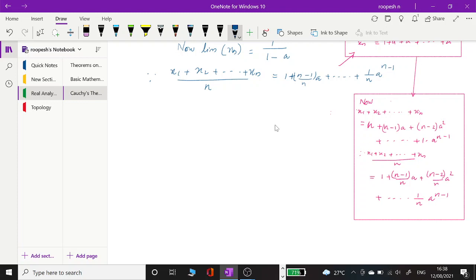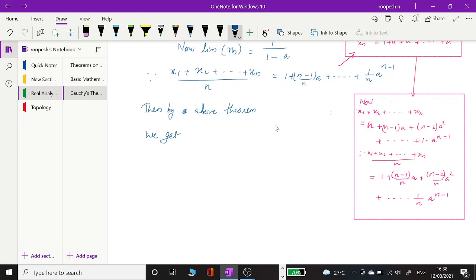Then by using the above theorem, what will we get? We get this sequence, that is 1 plus... this also converges to x, right?